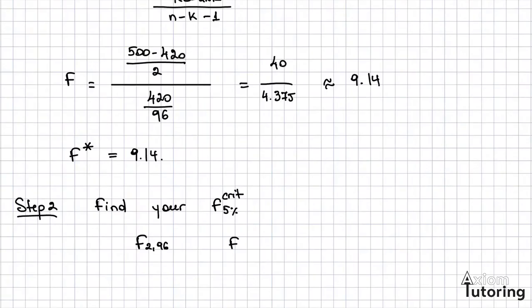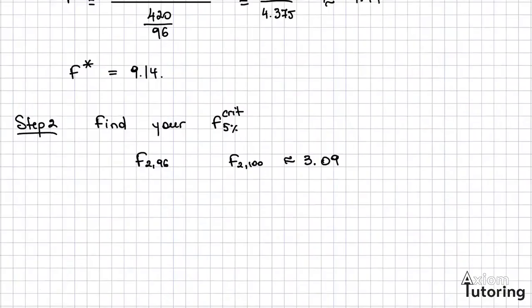So the closest to it would be F2 with 100. And we already know this is approximately 3.09. So step 3 is decision time.